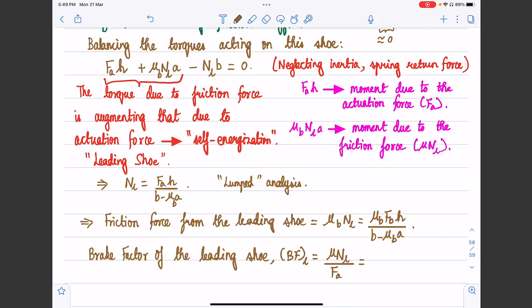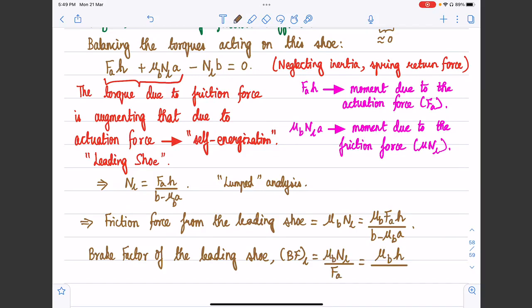If we substitute, I'm just missing the subscript B: mu B and N. So this will become mu B times H divided by, sorry, here also I made a mistake. This should have been FA. There are too many subscripts, so I'm missing some.